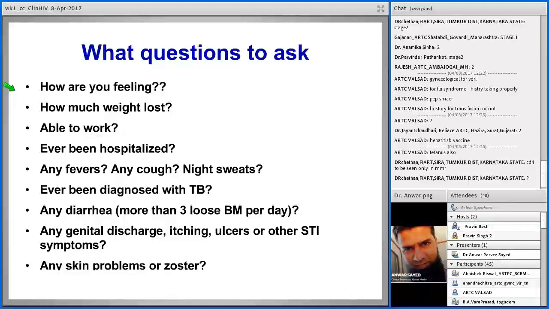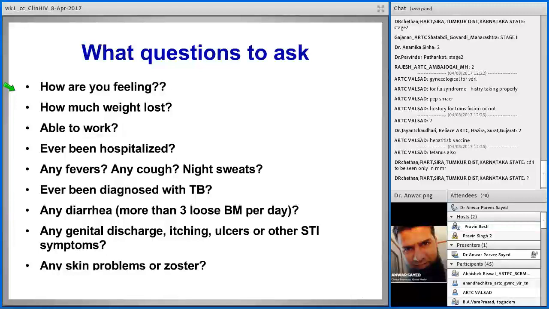Now, what next do we do, as we were talking about clinical history, physical exam, and baseline investigations. So, in clinical history, when you talk to these patients, as I said, new patients will take more time. The first question will be, how are you and how are you feeling today? And asking about today is really helpful.